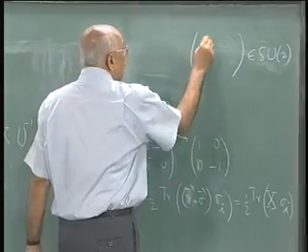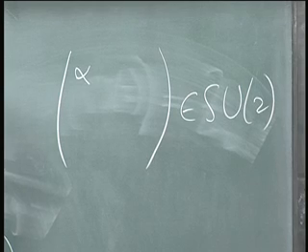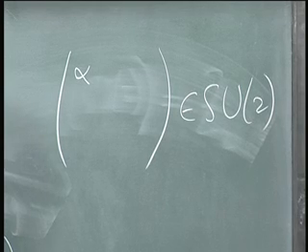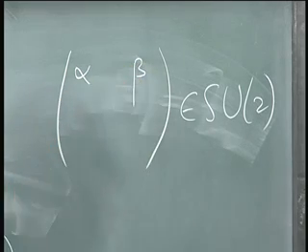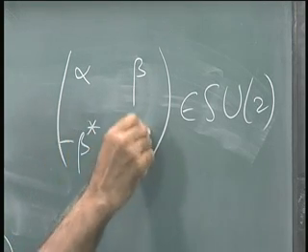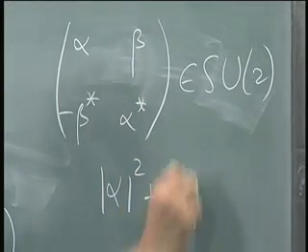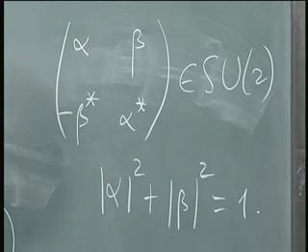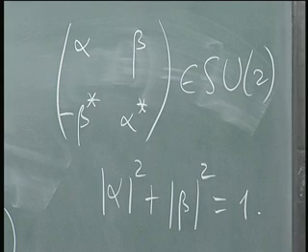Well, these conditions are sufficient to show that the most general such matrix must be of the form some alpha complex number, some beta complex number, but what must appear here is beta star and alpha star, and mod alpha squared plus mod beta squared equal to 1. This is the most general 2 by 2 unitary matrix with determinant +1.